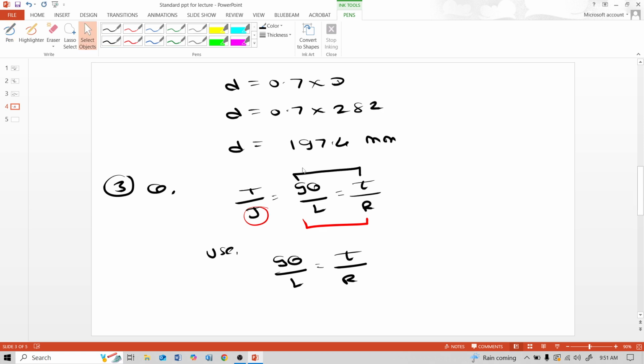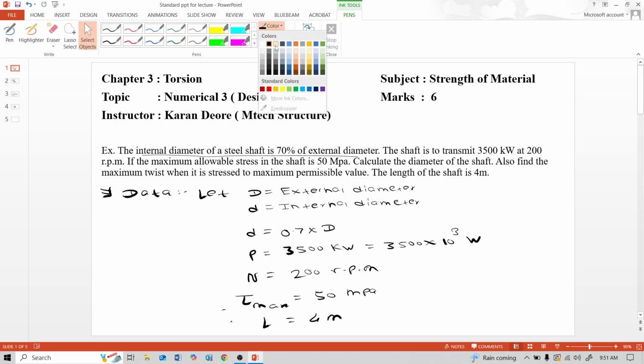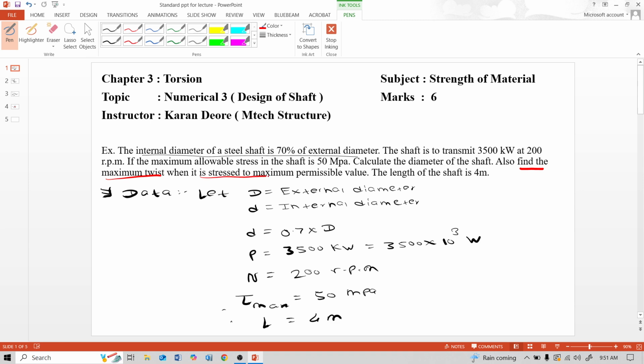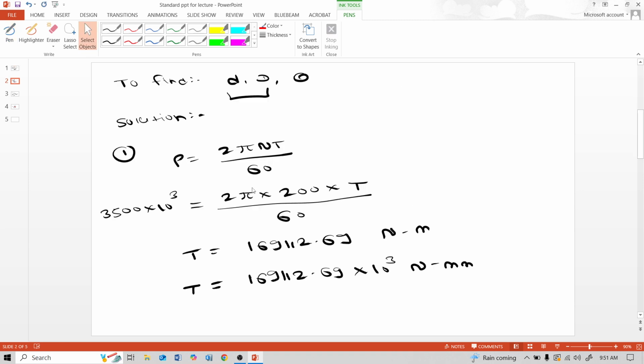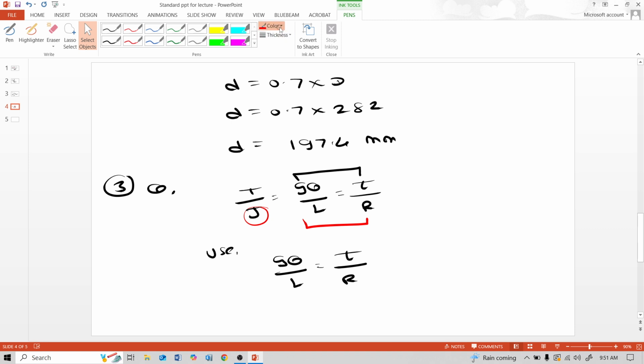Because we must find the maximum twist when it is stressed to the maximum permissible value. Here the stress is given and twist is unknown.